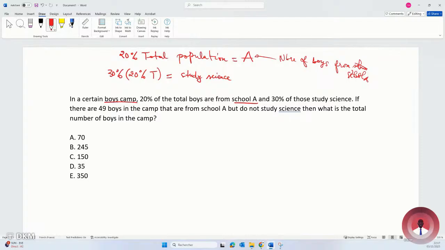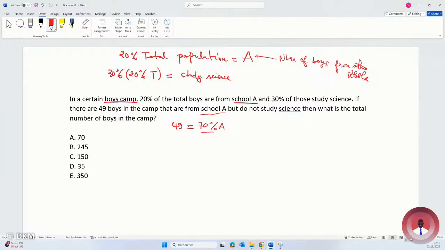So if there are 49 boys in the camp that are from school A but do not study science, so 49 is equal to 70% of A. Because it says 49 boys in the camp that are from school A do not study science.